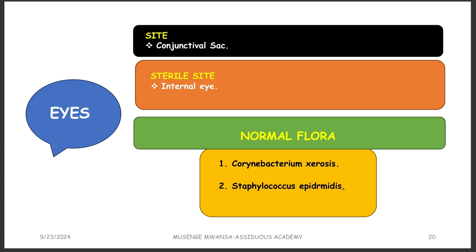The red portion of the inside of your eye that we are going to see, that's the conjunctiva, that skin that is red. So that one is going to have bacteria because the internal eye is sterile, it doesn't have any bacteria. And the bacteria that we are going to see is also the same bacteria that is found in the skin, like Staphylococcus epidermidis and Corynebacterium xerosis.